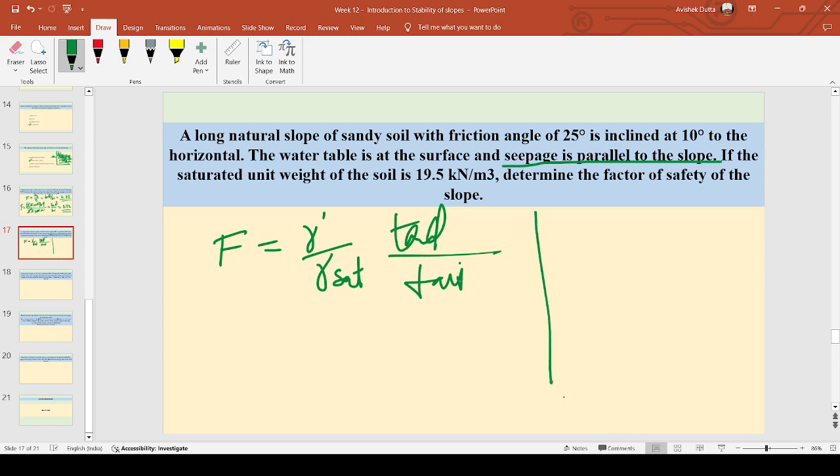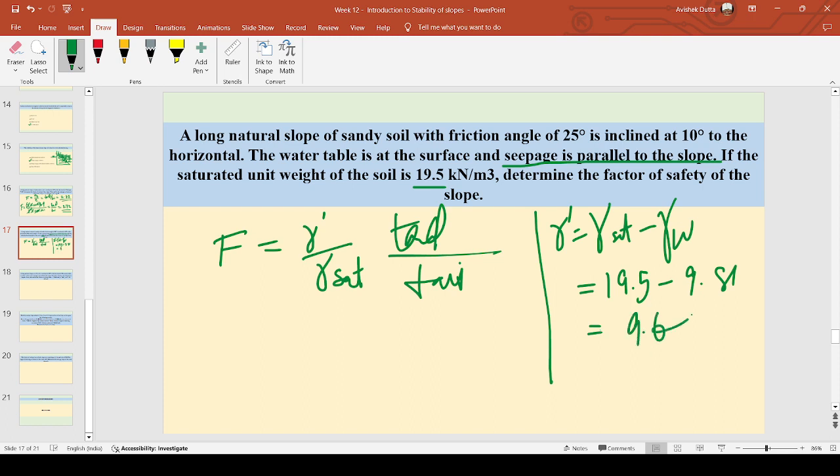Now gamma submerged will be gamma sat minus gamma w, that is 19.5 minus 9.81, which is equal to 9.69 kilonewton per meter cube.